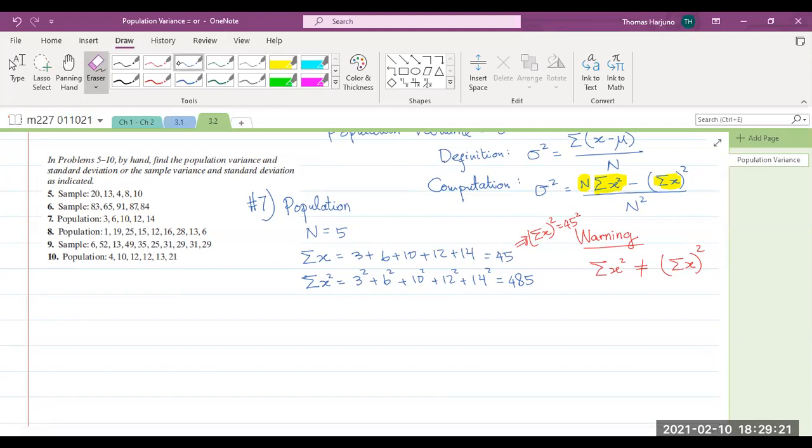Now you get these 3 numbers first. Once you get these 3 numbers, then you proceed. For example, I want to find the mu. The mu will be 45 over 5, that's 9.